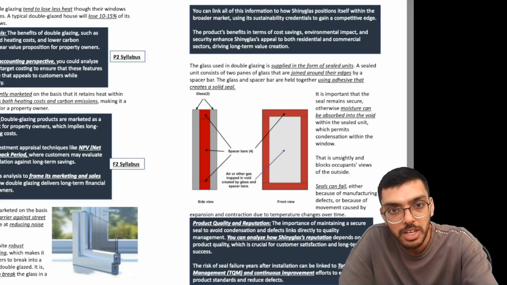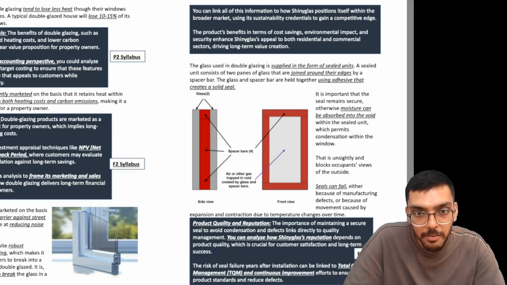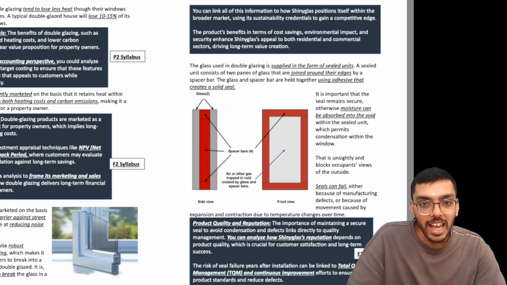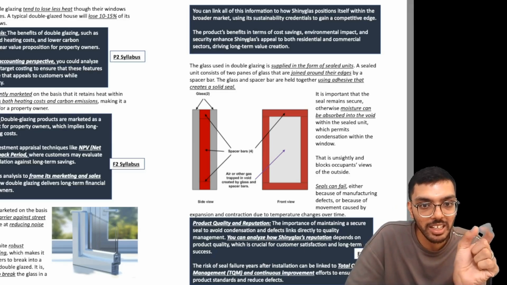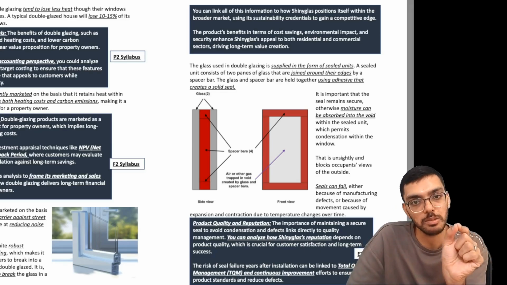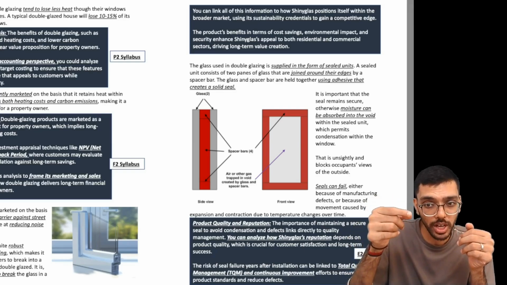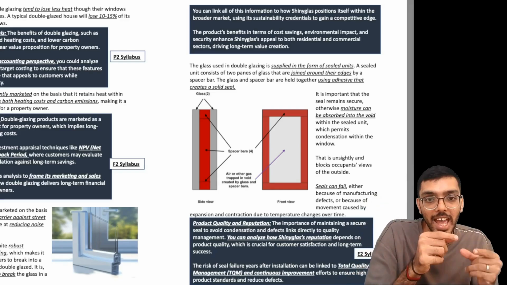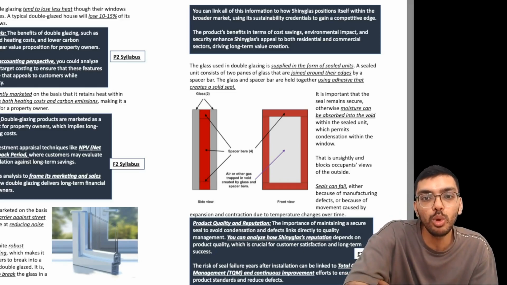You'll see in the image there are two glasses, between them is the space bar, and the air or other gas is trapped in the void created by the glass and the space bars. The glass and the space bar are joined together. There is still a small void. That's where the air or the gas is fitted in. And the front view looks like this.